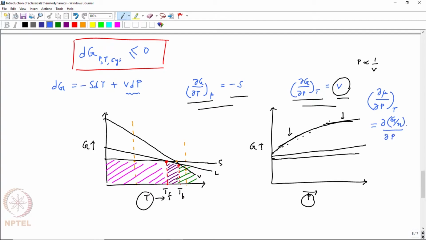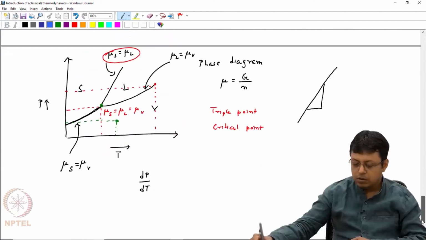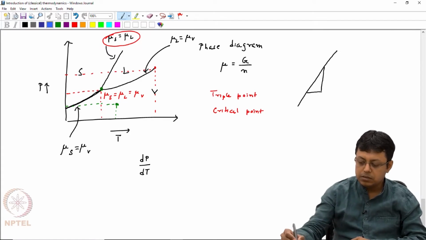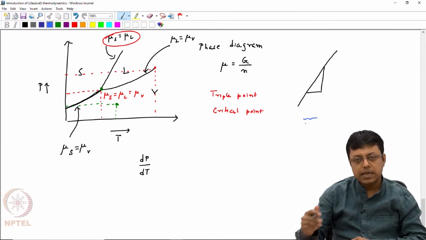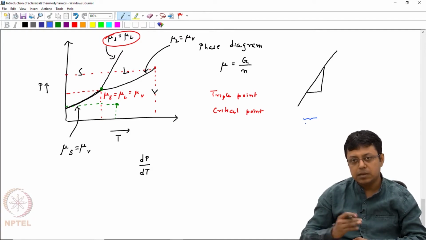So ultimately we will have nothing but V divided by N, and V divided by N is nothing but molar volume, which we write as V bar, or we write it as V subscript M. So what we see here is that if I apply pressure keeping the temperature more or less constant, which is somewhere here, assuming this change in temperature is small, then we can say that it will depend on the difference in the molar volume.